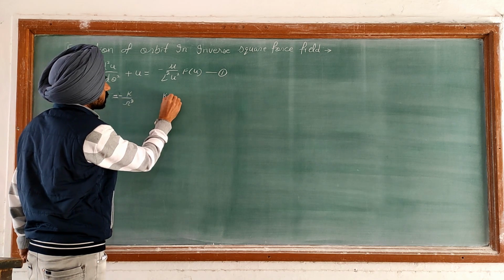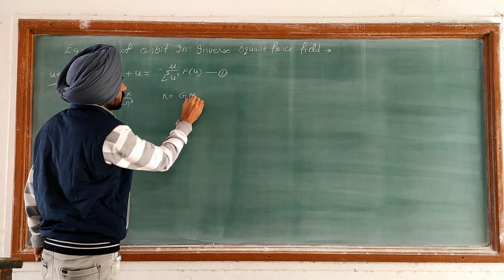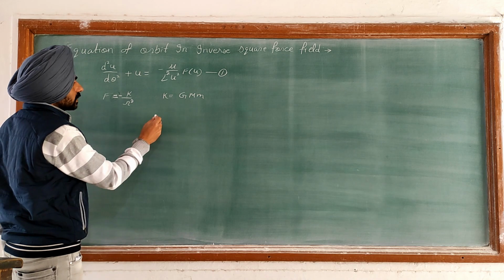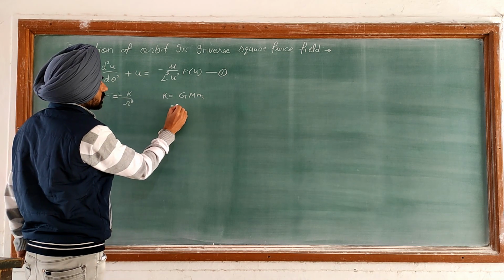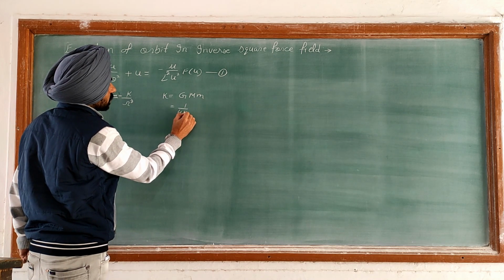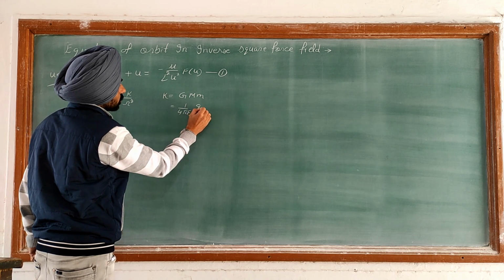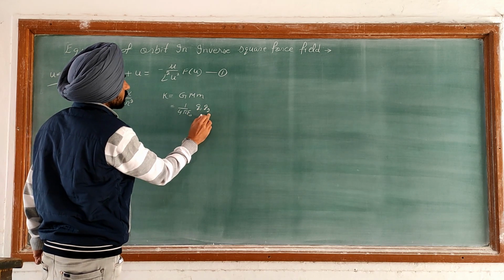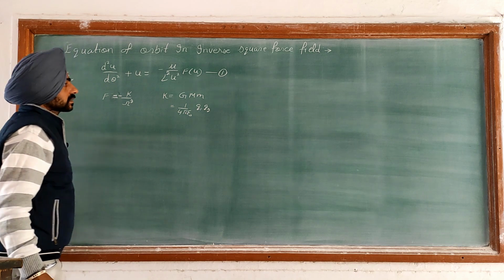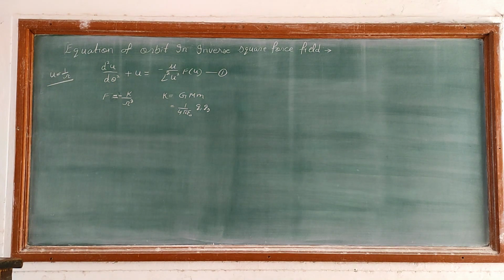K in case of gravitational force is G m M, and in case of electrostatic force it is 1 upon 4 pi epsilon naught q1 q2. q1 and q2 are charges, small m and capital M are the masses of the two bodies, and G and epsilon naught are constants. You know very well from your junior classes what these constants are.